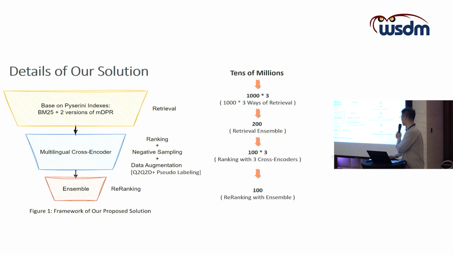Then we use the top 200 documents from the retrieval ensemble results for the ranking. In the ranking stage, we build 3 different cross encoders to rank the documents retrieved from the last stage. Finally, we use an ensemble method to rerank the results.